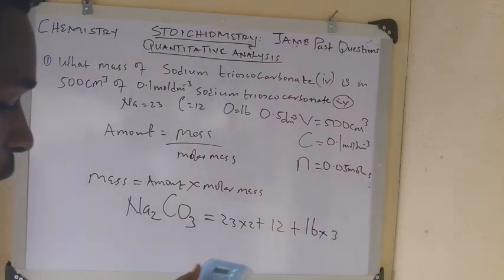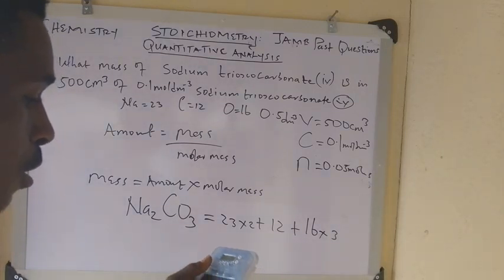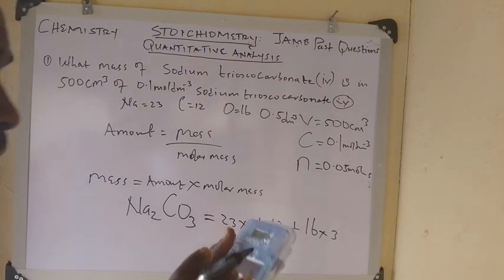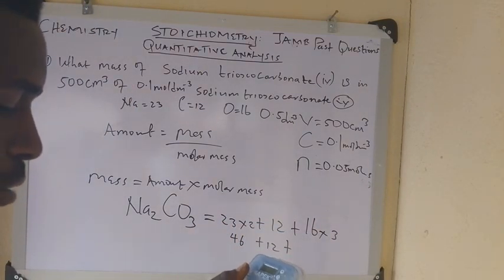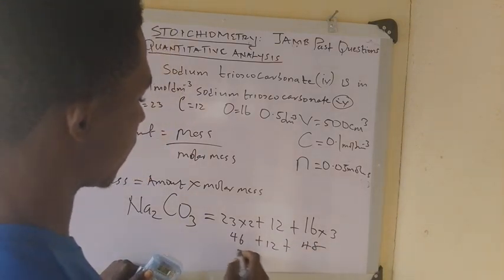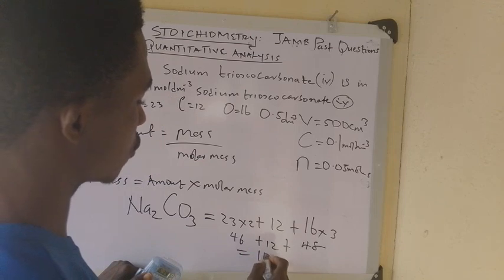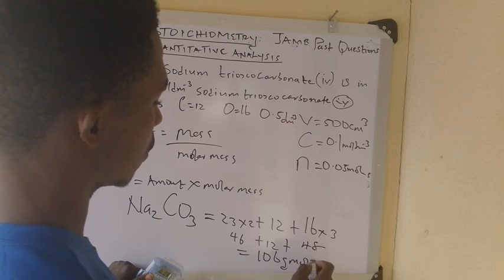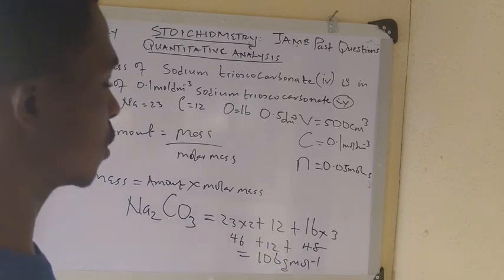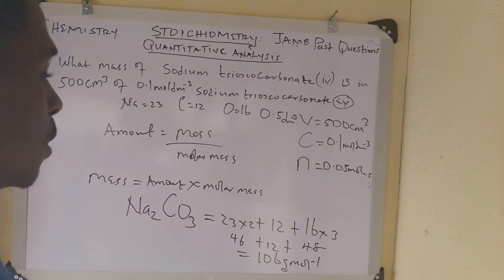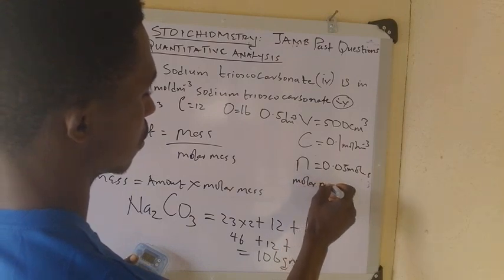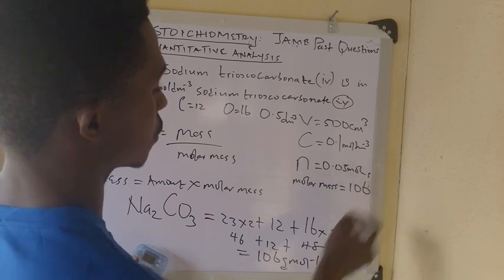Let's do it together. 23 times 2 is 46, plus 12, plus 16 times 3, which is 48. If you add everything here, it's going to give you 106 gram per mole. The unit of measurement of molar mass is gram per mole. So now our molar mass is equal to 106.